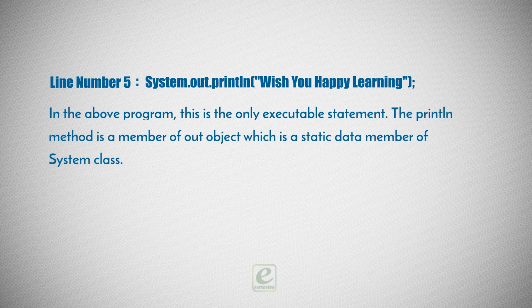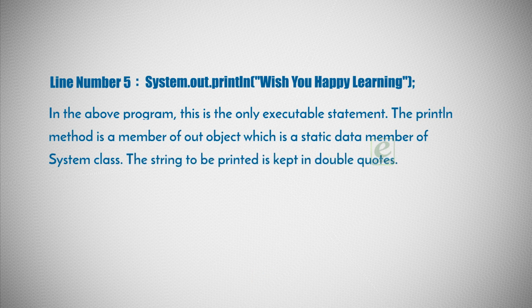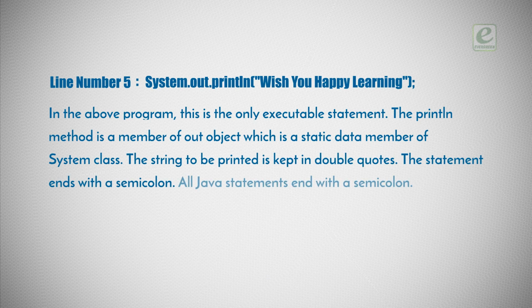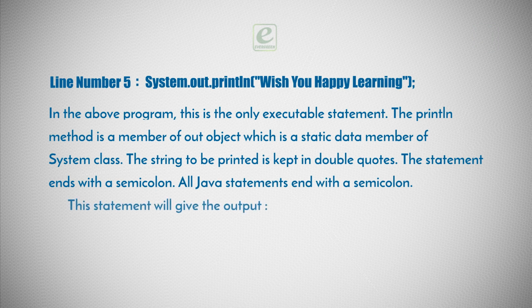The println method is a member of the out object, which is a static data member of the System class. The string to be printed is kept in double quotes. The statement ends with a semicolon. All Java statements end with a semicolon. The statement will give the output, I wish you happy learning.